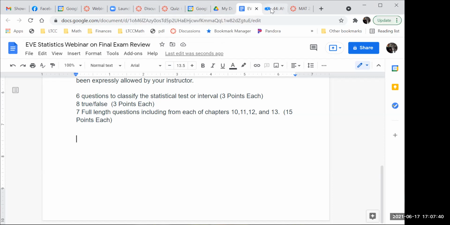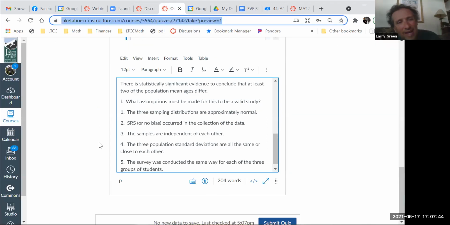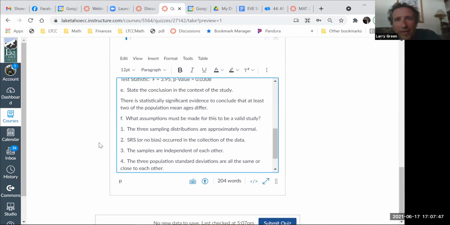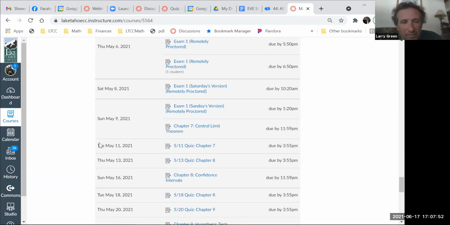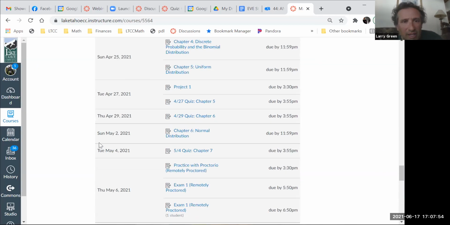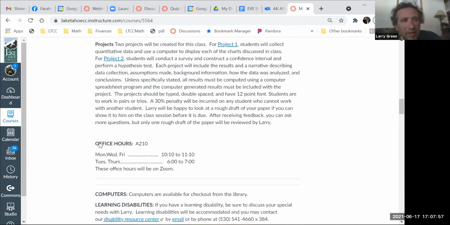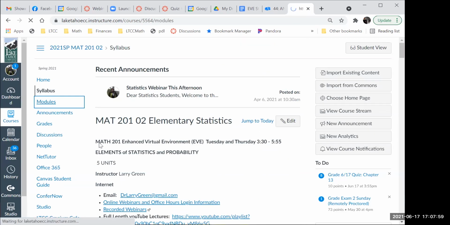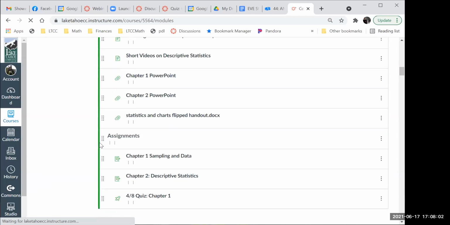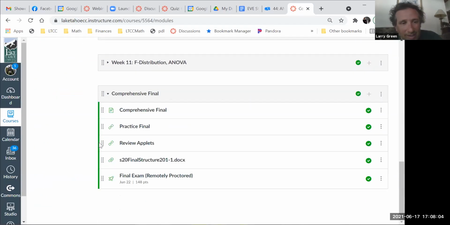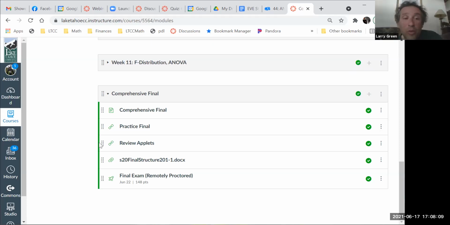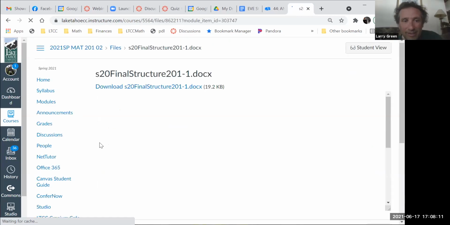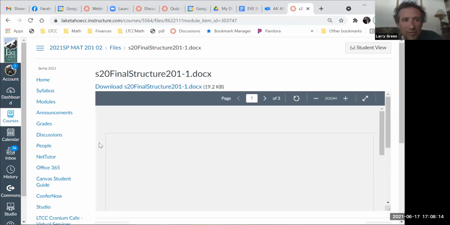And again, that was from the final structure piece, which is not exactly the structure, but I should warn you about that. It's not that much different. That would be under modules, I think, right? Oh yeah, it's under the final exam module. I actually haven't looked at that in a long time, even this quarter. Notice that it says Spring 20 final structure, but I figured I'd put that in to give you some practice. That was from a year ago.